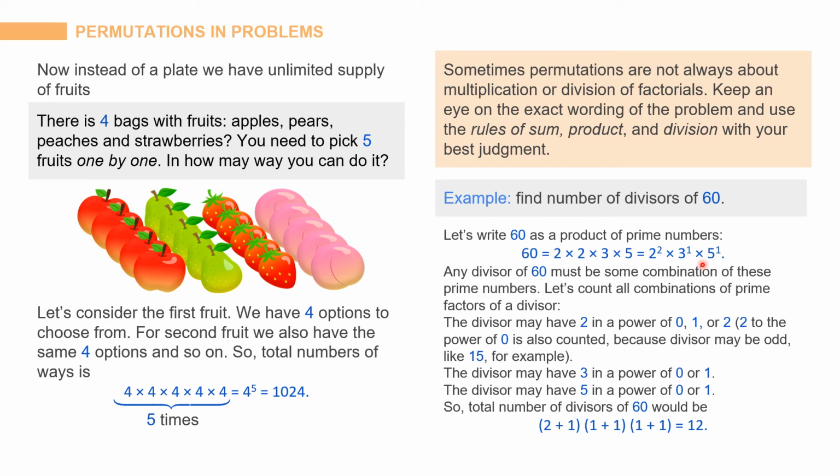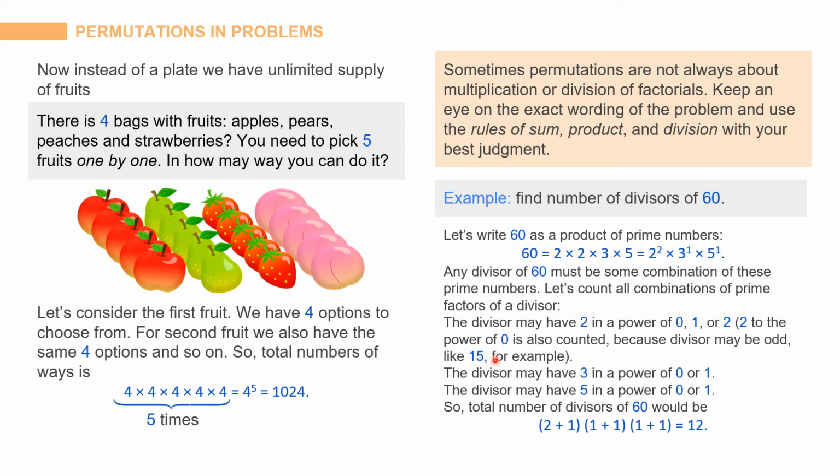So any divisor of 60 must be some combination of these prime numbers, right? Let's count all of the combinations of prime factors of a divisor. Okay, so we could have 0, 1, or 2 factors of 2. Remember that we have to count 0 in case the factor we're considering is an odd number, or 1 itself.